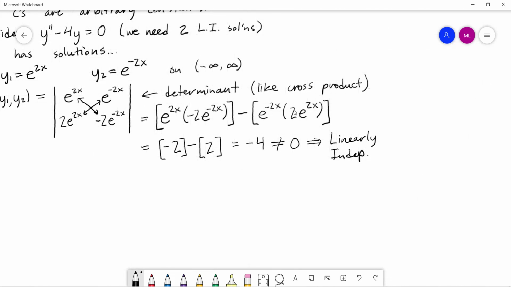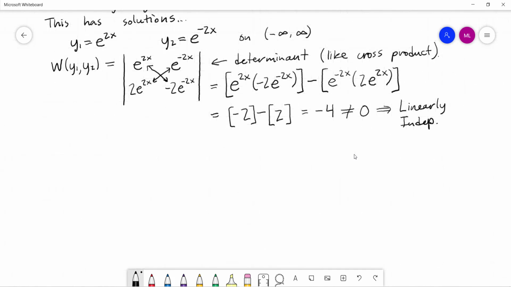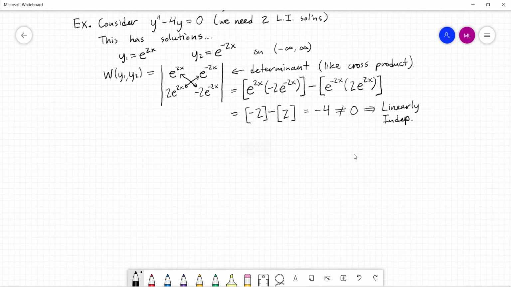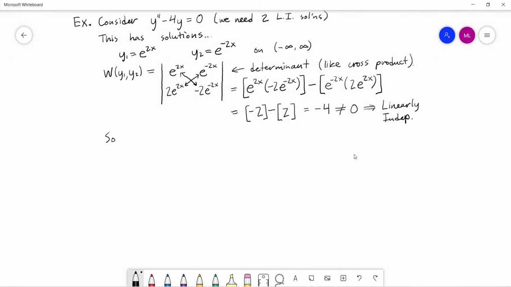The x dependency totally fell out of the problem altogether. So we got a constant, so it wasn't equal to 0 anywhere. And so they're linearly independent solutions. This means y1 equals e to the 2x, and y2, which is e to the negative 2x, are a fundamental set.